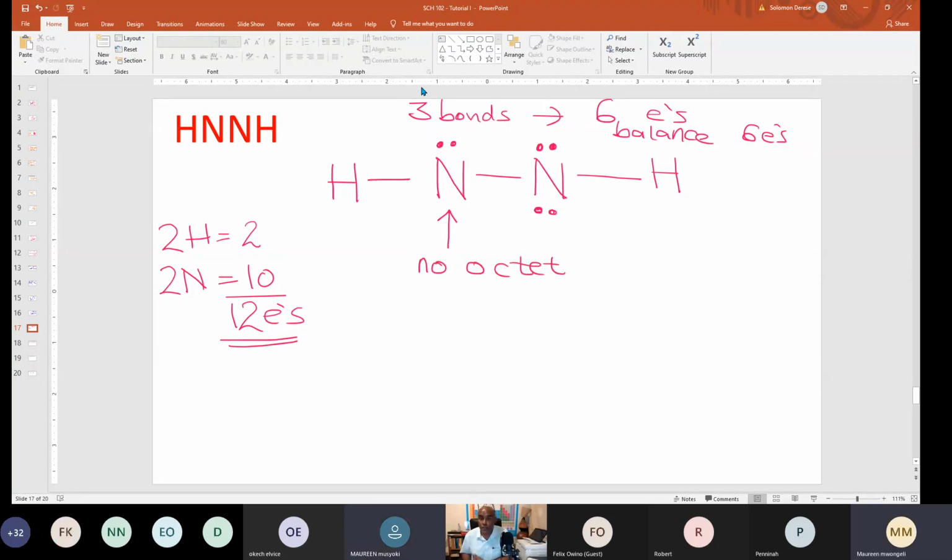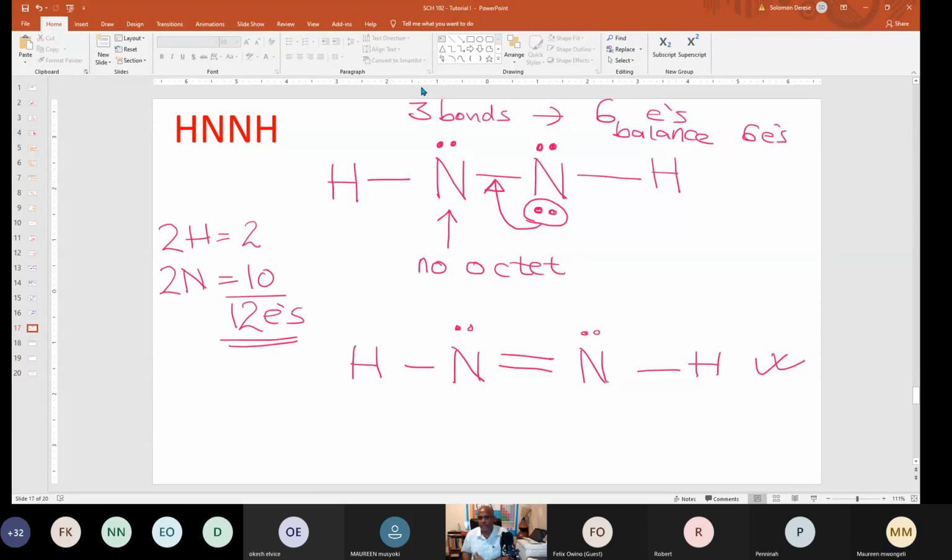So what do we need to do? We take these electrons and form a double bond with the nitrogen. Therefore, the valid Lewis structure for HNNH is H, nitrogen, double bond nitrogen, and then a hydrogen, and then a lone pair of electrons on each nitrogen.